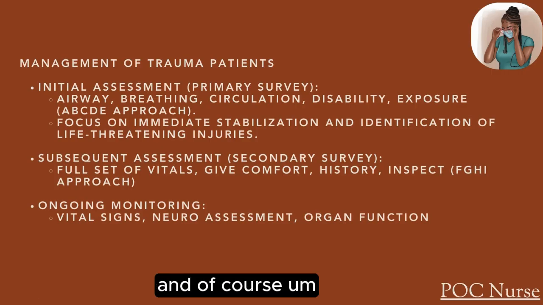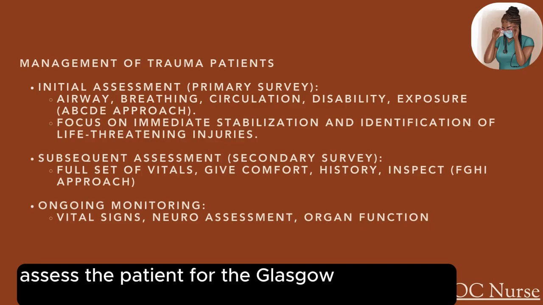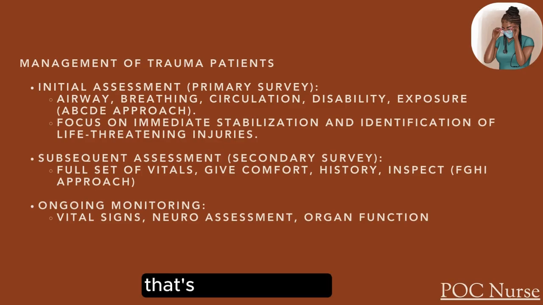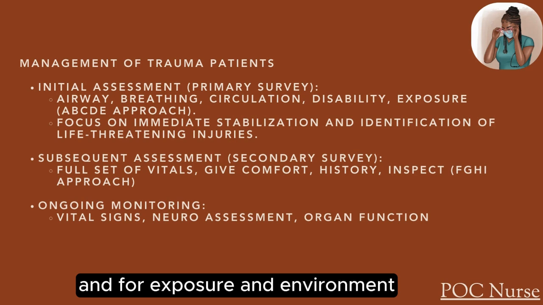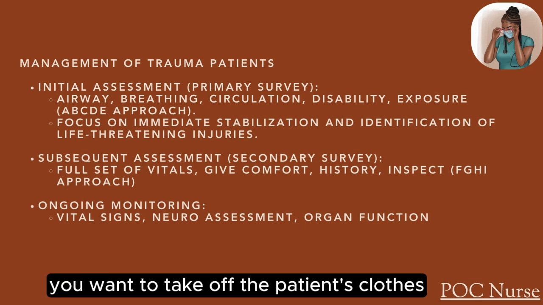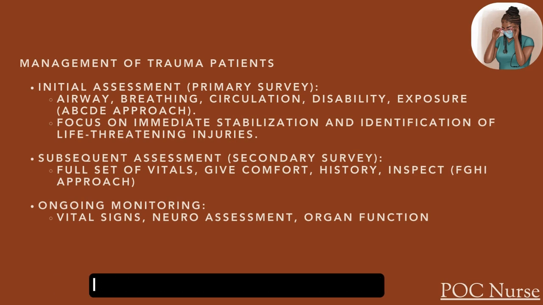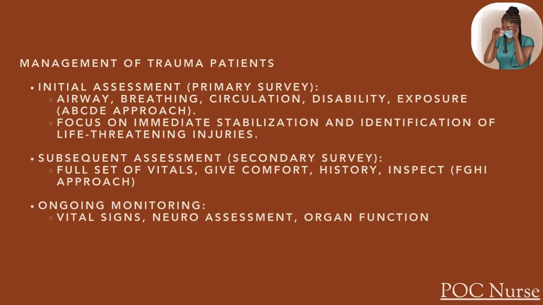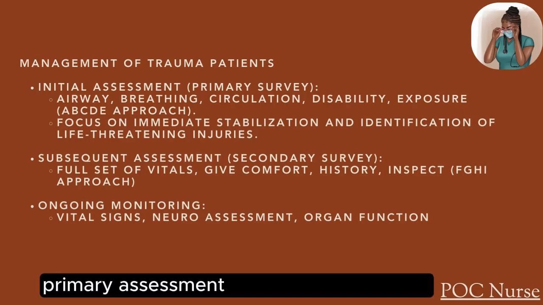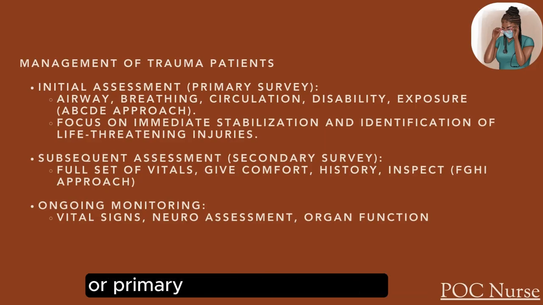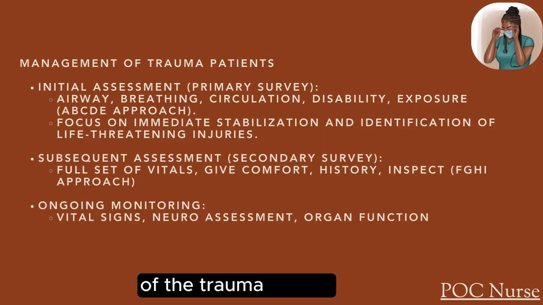And of course, assess the patient for the Glasgow Coma Scale score. That's the GCS score. And for exposure and environment, you want to take off the patient's clothes, provide warmth and cooling as needed, and also inspect the patient's body. That is the first line primary assessment for the trauma patient or primary survey of the trauma patient.